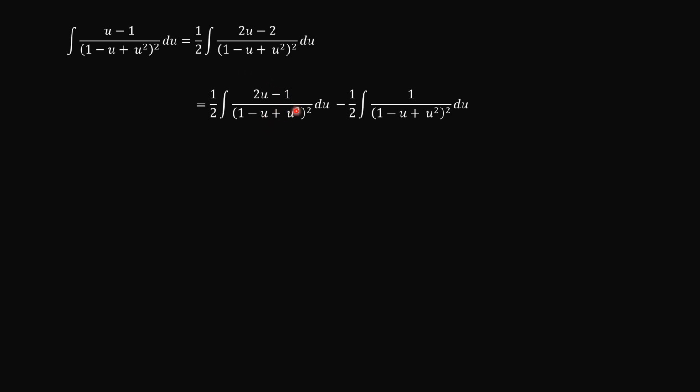This allows us to simplify the integral a little bit further, and then we subtract the extra one here. So we have a second integral. We've created two integrals from the previous integral.